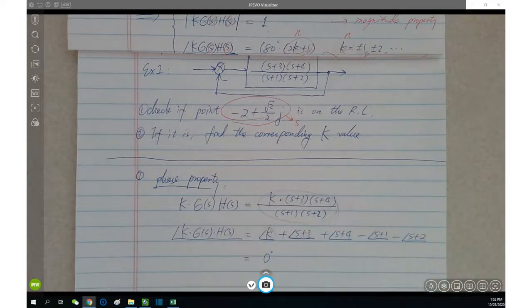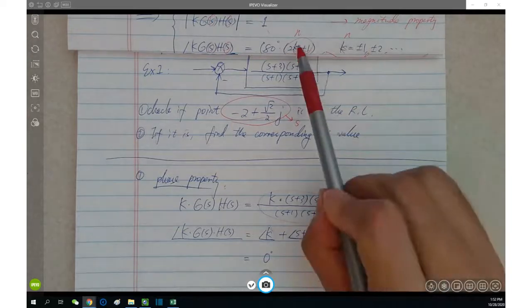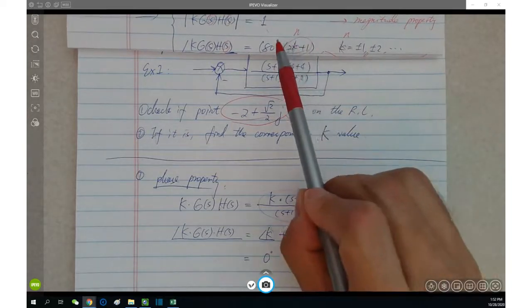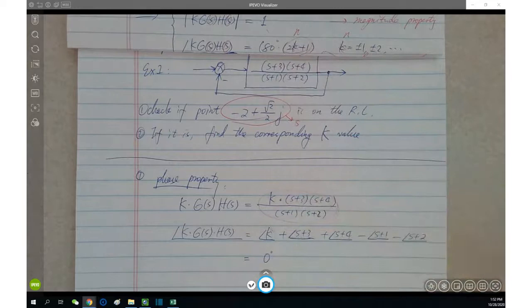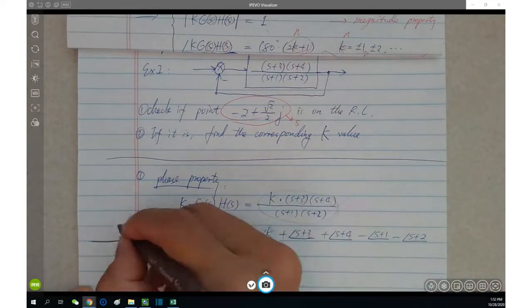Why is it 0 degree? No imaginary part. How do you understand a constant? Just like what we did here with the -1. You have the S plane here.